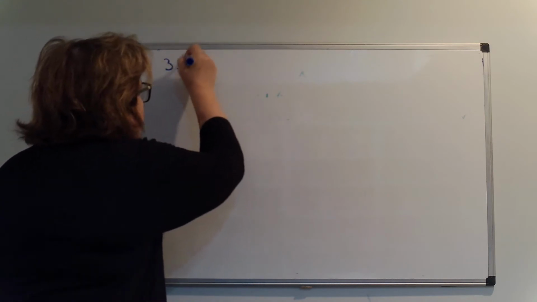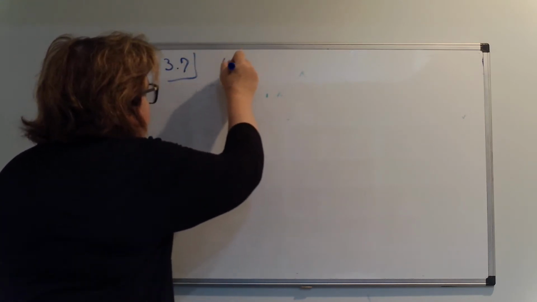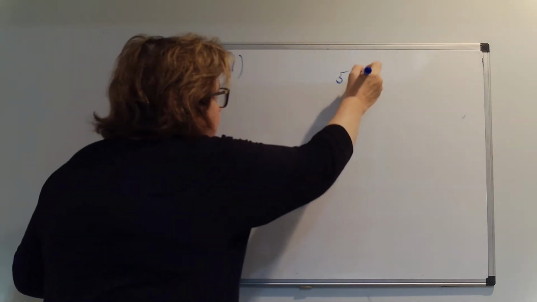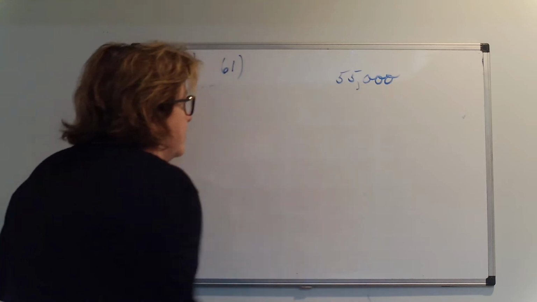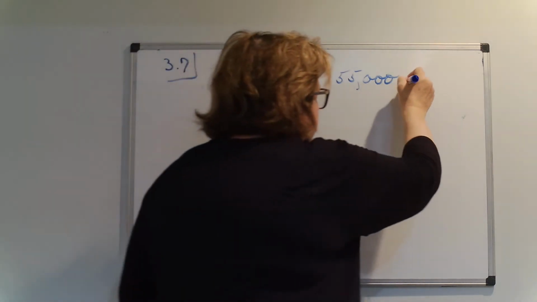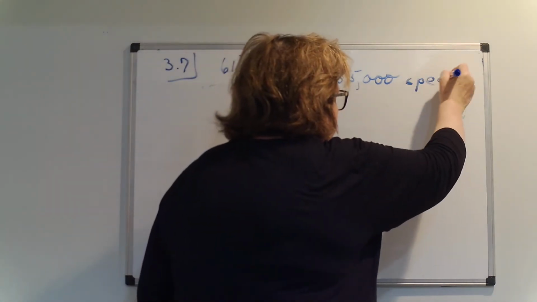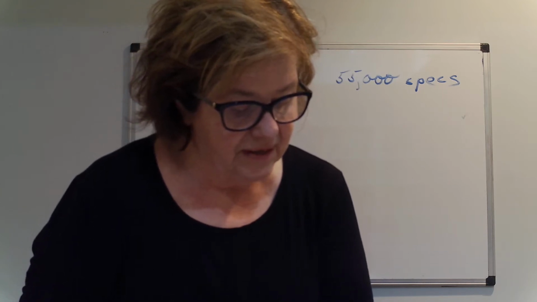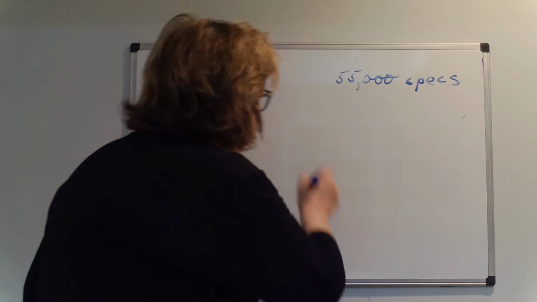A baseball team plays in a stadium that holds 55,000 spectators. Okay, let's start writing down. So we have 55,000 spectators in the stadium, or possible spectators, let's put it that way. The ticket price at $10, the attendance had been 27,000.